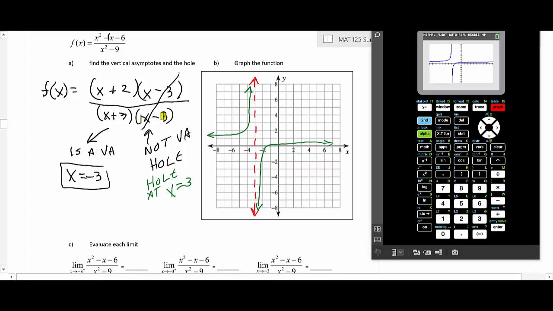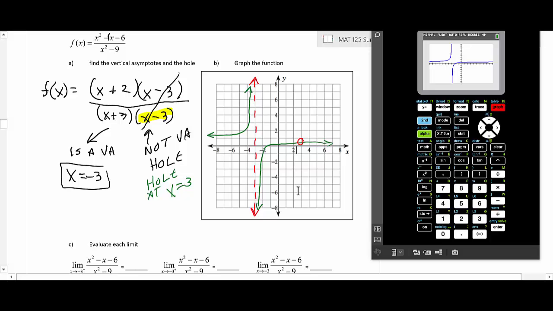Why? Because that's the one that canceled out. So when you go to 3, you're going to have a little bubble there. You're undefined right there. If you took finite, did you ever learn about this? Usually you do. Whether you remember it, I don't know, but that's the way rational functions work.